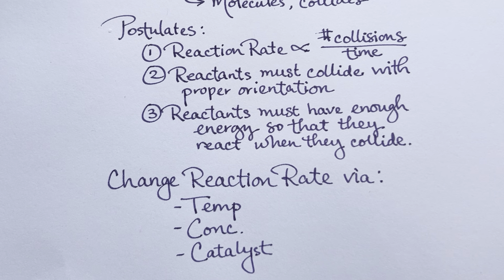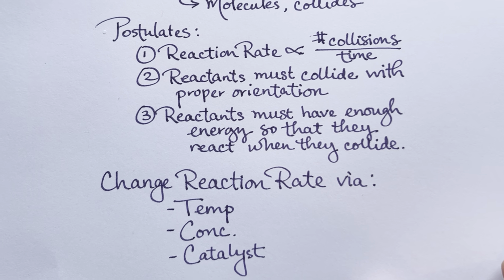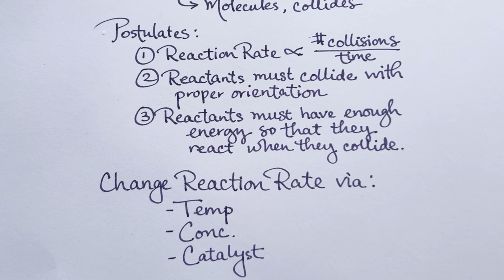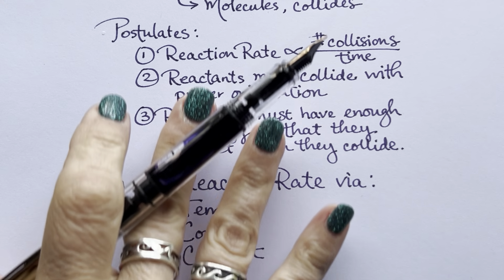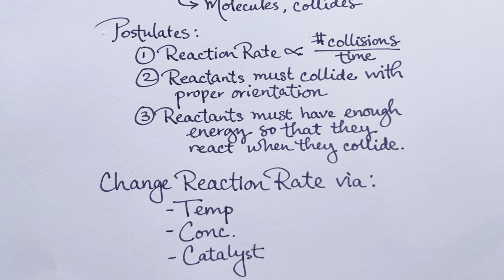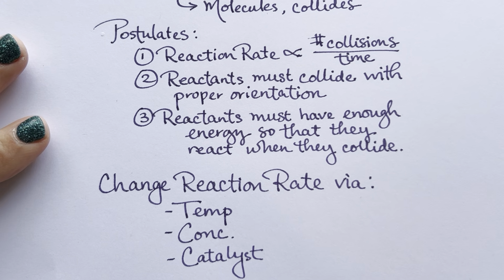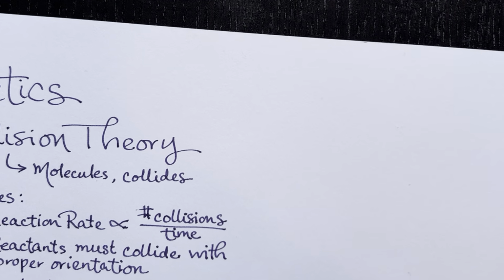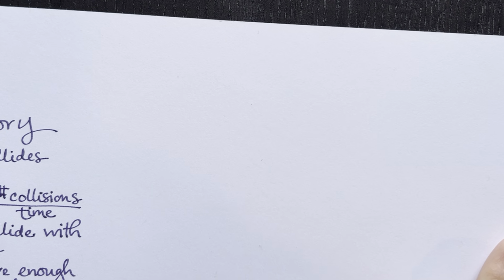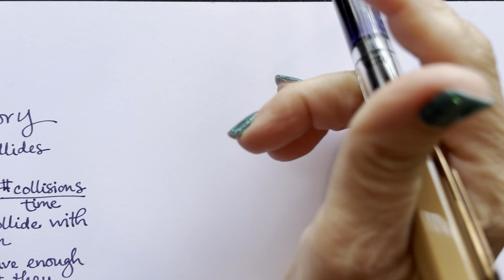Okay. So let's move things over, because I want to now talk about how we can mathematically describe these ideas. And that is the role of the Arrhenius equation. Okay.